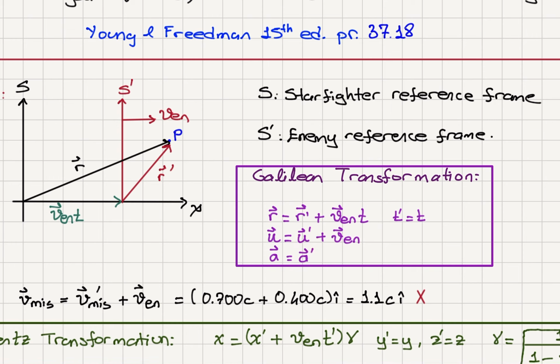So the velocity of this missile reported by the S reference frame is the velocity reported by the S prime reference frame plus the relative speed of S prime with respect to S, and that gives me 1.1 c in i hat direction, and this is not allowed according to the postulates of the theory of special relativity. We have an absolute limit on the speed. Nothing can move with a speed higher than the speed of light.